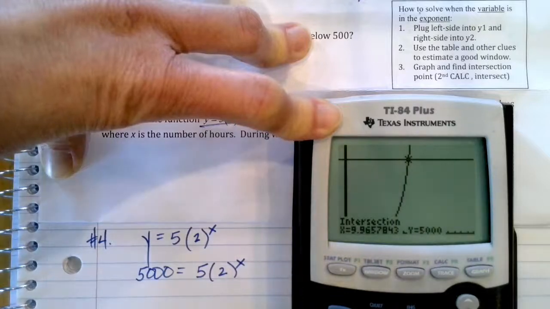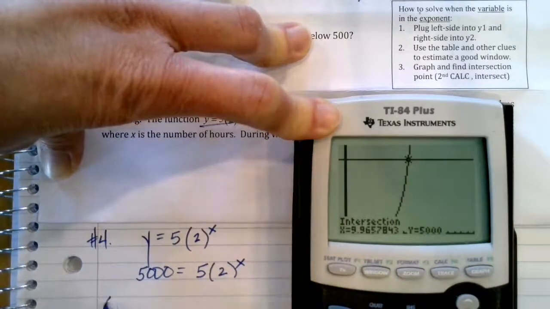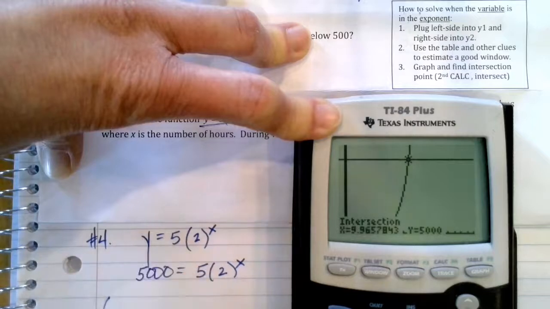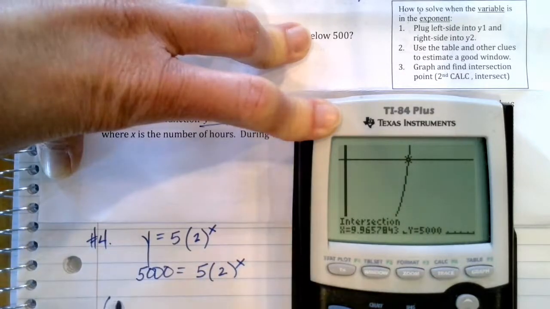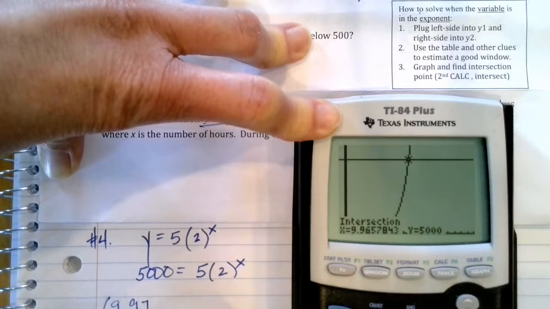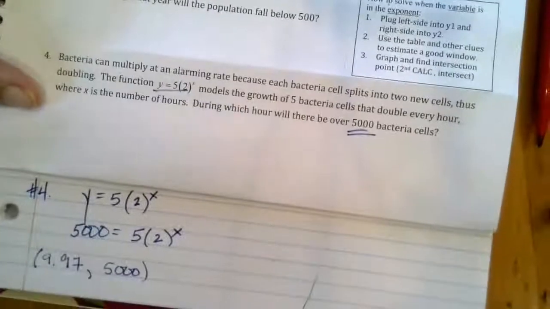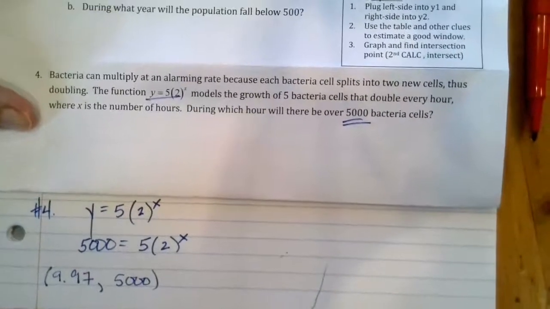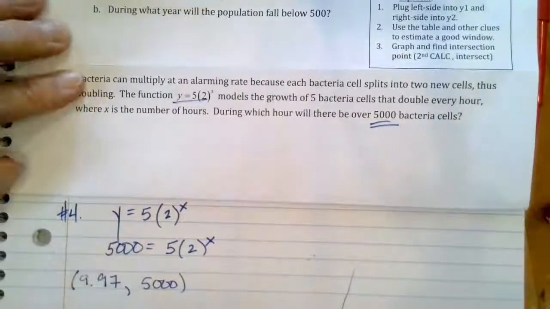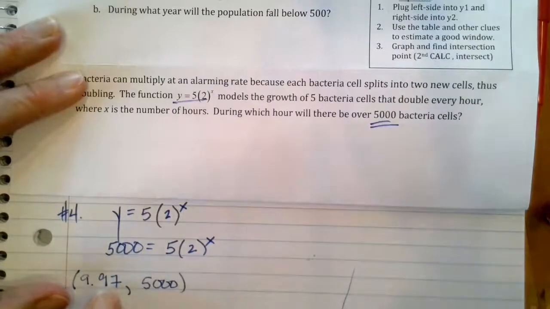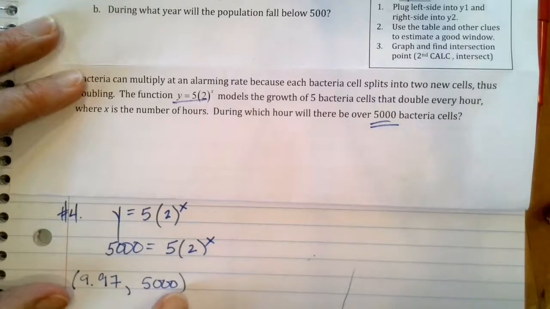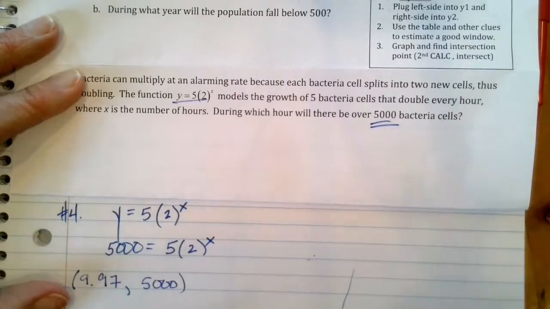So my calculator is going to tell me that an input value of 9.9, and we'll go ahead and round that up to 9.97, is going to give me an output value of 5,000. So when I look at what that means for my bacteria, that means after 9.9 hours, during that 9th hour, is when my bacteria increases to that point.